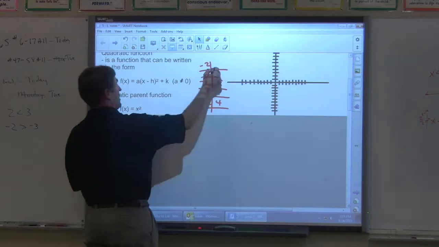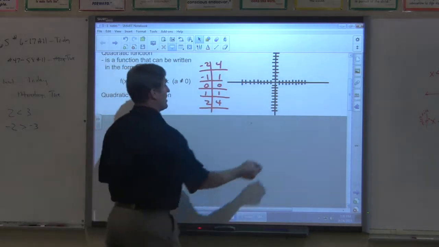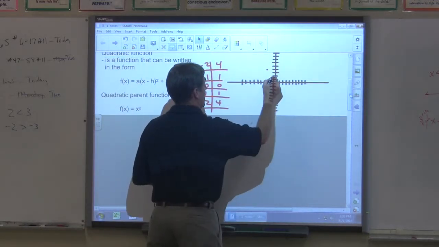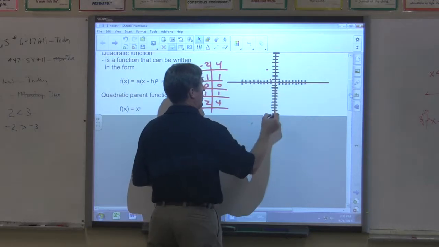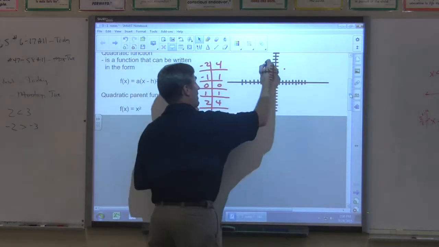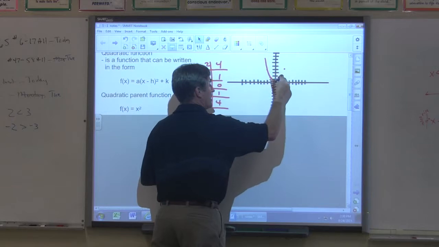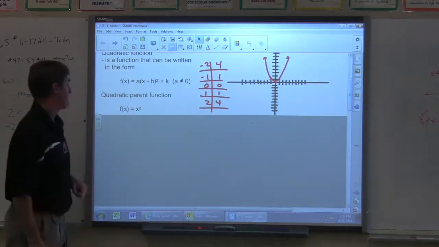And negative 2 squared would be 4. And so if we were to graph this, at negative 2 we'd be at 4. At negative 1 we'd be at 1. At 0 we're at 0. At 1 we're at 1. And at 2 we're at 4. And so our graph would look something to this effect. Okay?